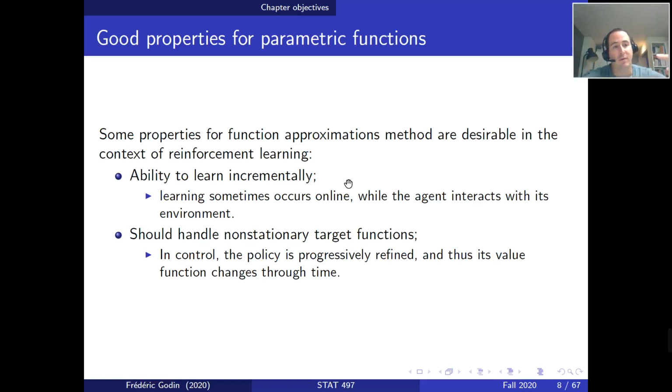As you improve your policy, the value function associated with that new learned policy changes, and as it changes, your value function estimate should be able to change accordingly. So it must be sufficiently flexible to be able to change through time.